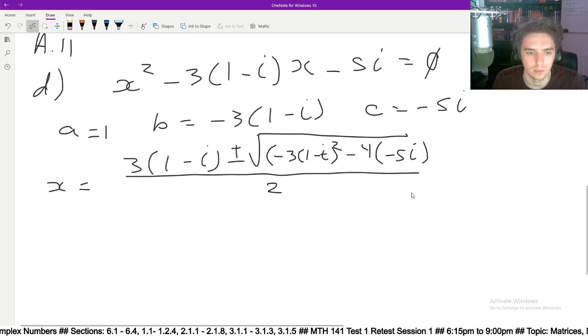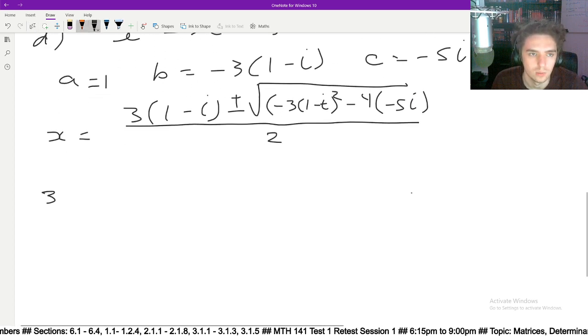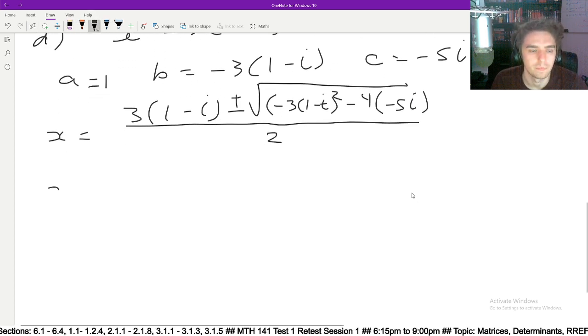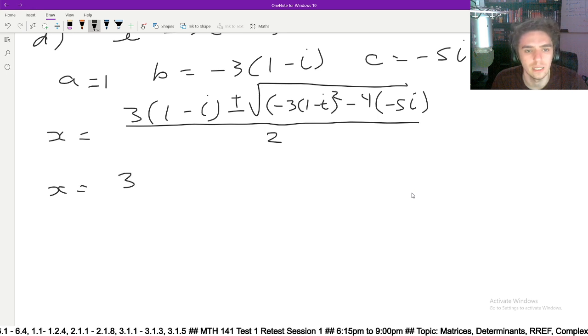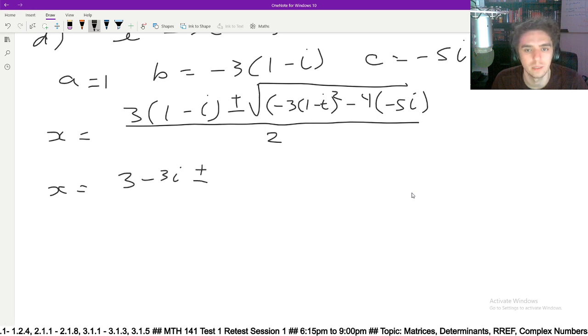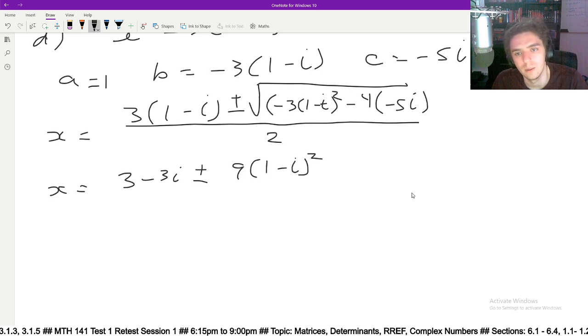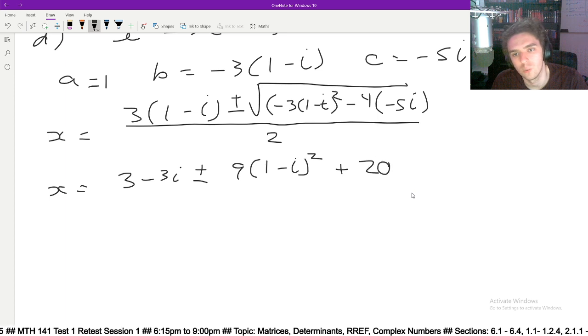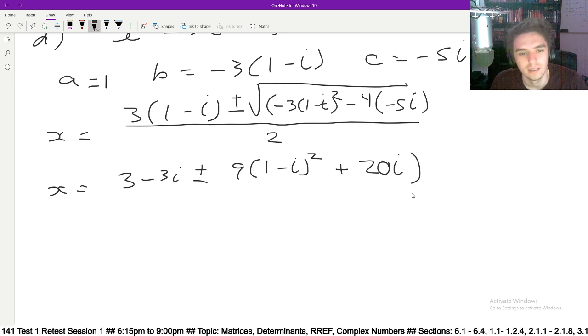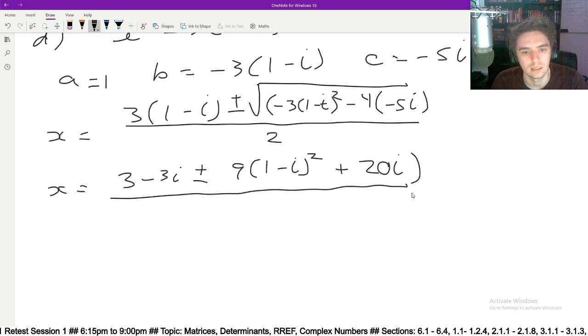Okay, just like that into the quadratic formula. Let's work with this. Oops, not 3. x is equal to 3 minus 3i plus or minus the square root of 9(1 minus i) squared plus 20i. And I think I remember being stuck here for some reason.